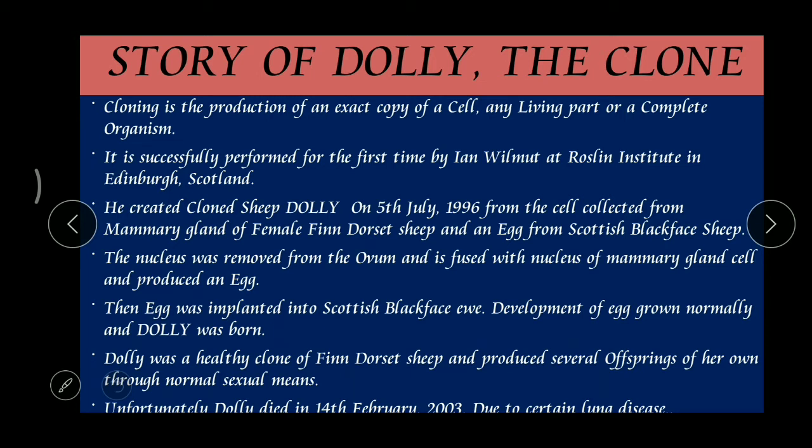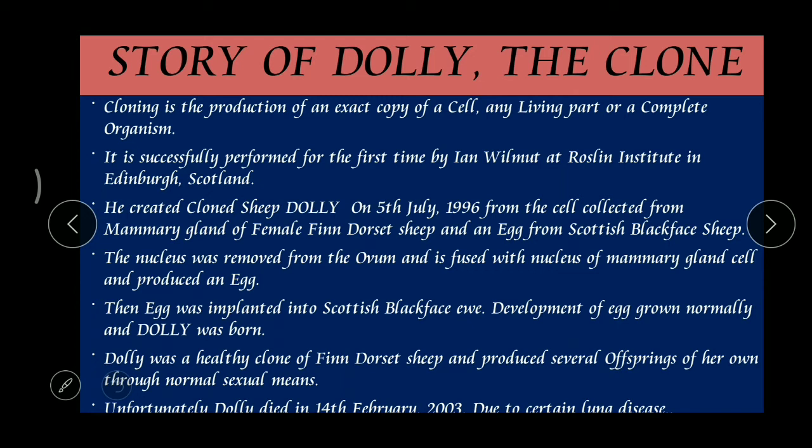Got it? So whenever we take one animal, say for example, suppose there is a person A. When that person is going to die, suppose we took some cells from him and cloned them. Then what happens?